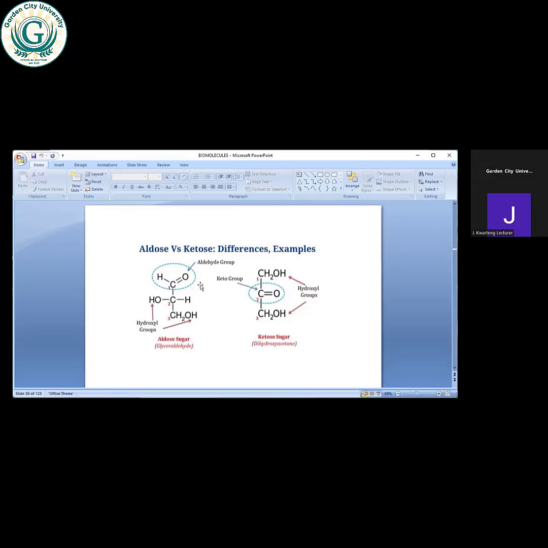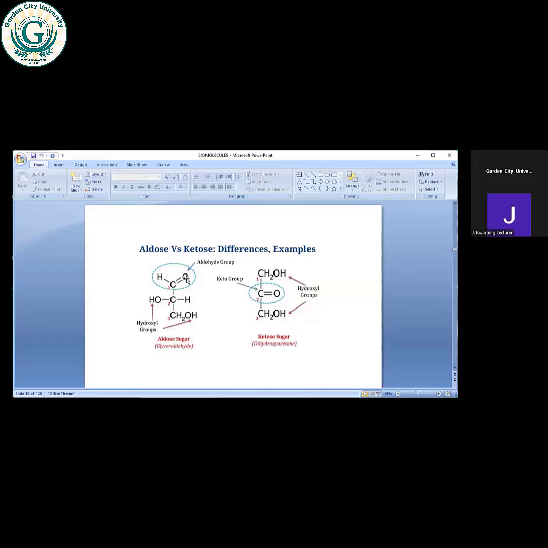So if you see this arrangement, it is an aldehyde.